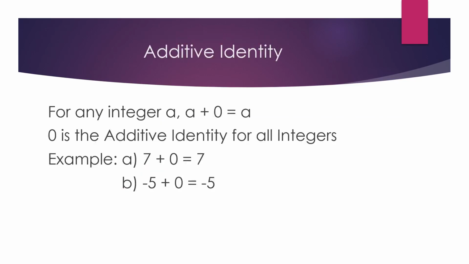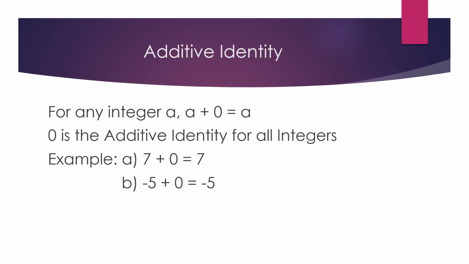Additive identity. For any integer a, a plus 0 is equal to a. 0 is the additive identity for all integers. Example, 7 plus 0 is equal to 7. Minus 5 plus 0 is equal to minus 5.